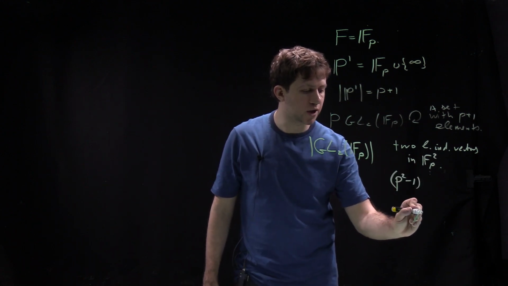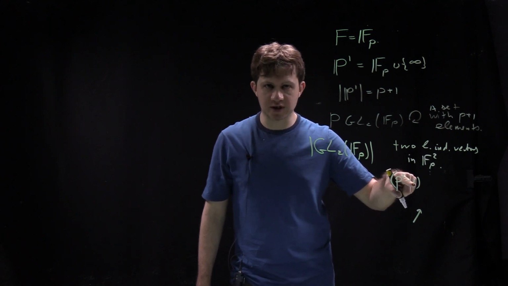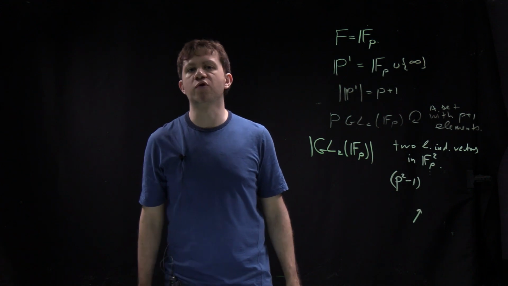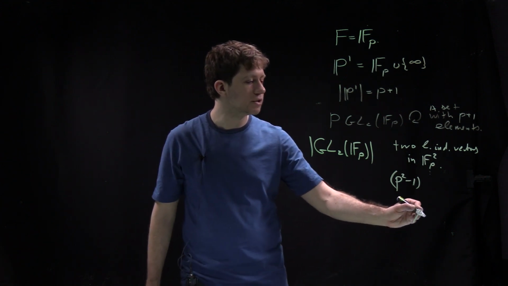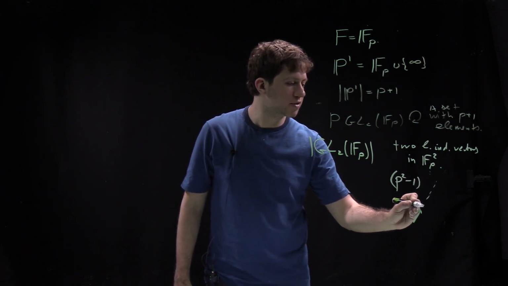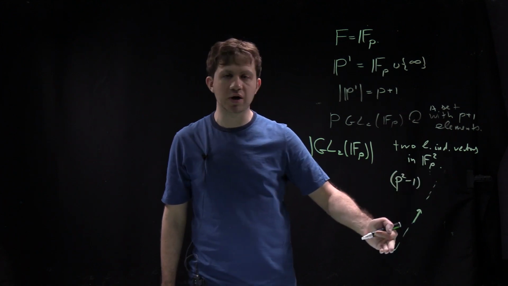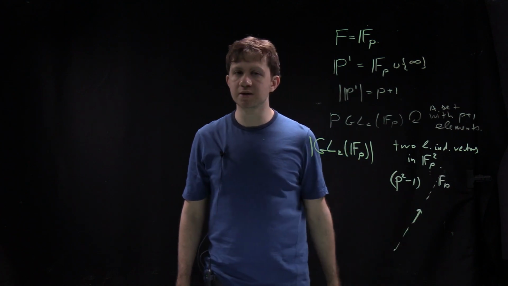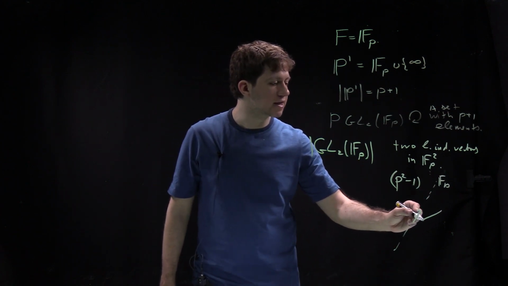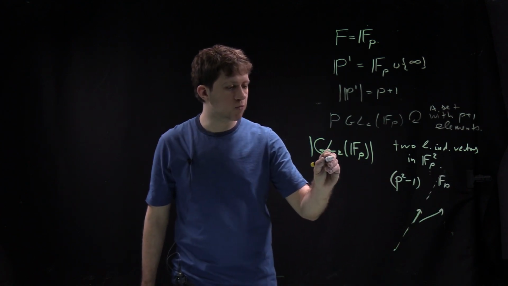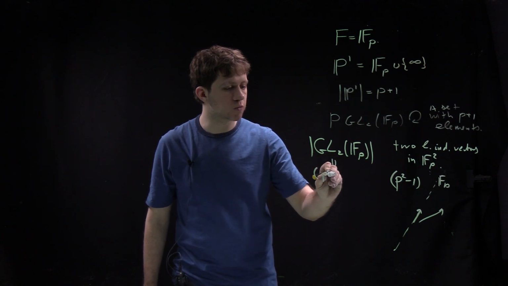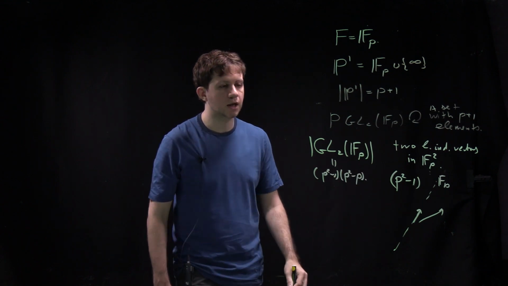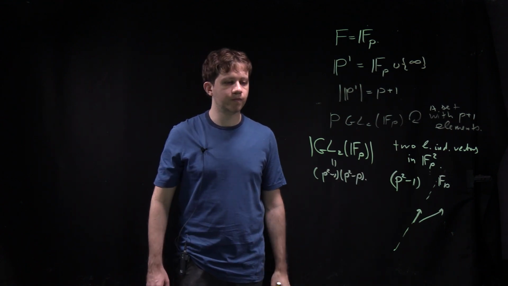You choose any vector except 0, because any such vector will be the first one in a pair of linearly independent vectors. And then you have the whole subspace generated by this vector, which is again a copy of Fp, so it has p elements. And you need to choose anything except a vector there. So that's why this is p squared minus 1 times p squared minus p. So that's the order of this group.